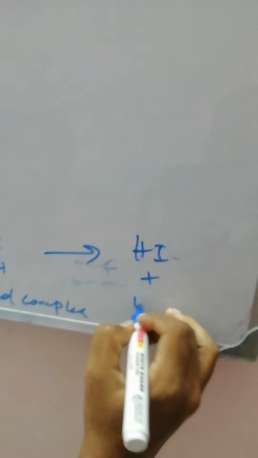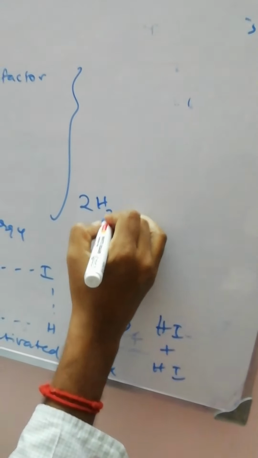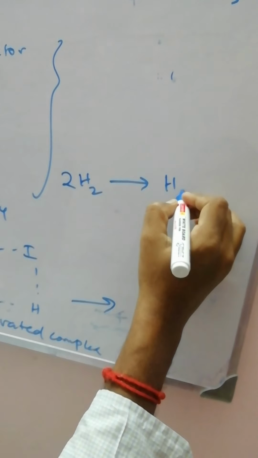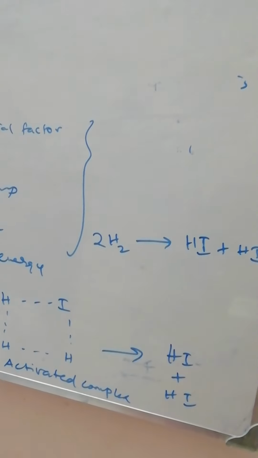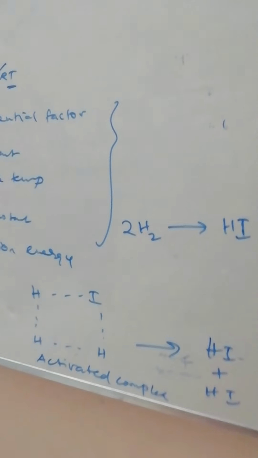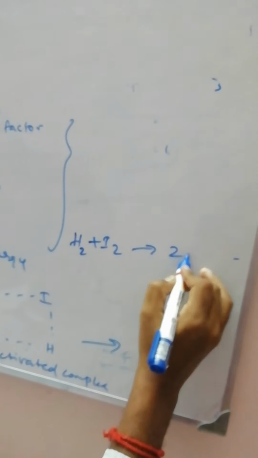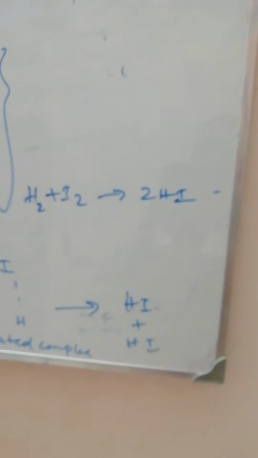Sorry, the equation is wrong. H2 plus I2 gives 2 HI. This is the equation.